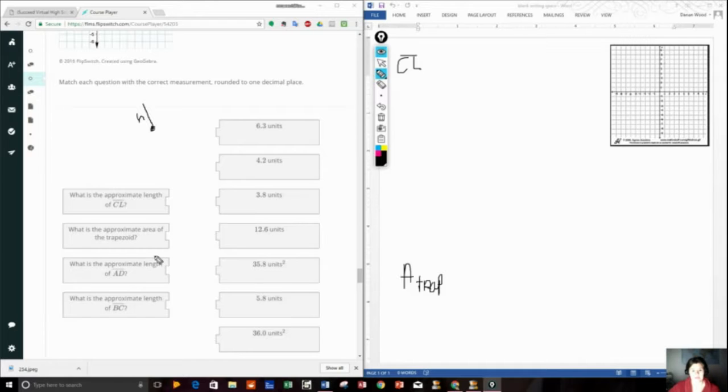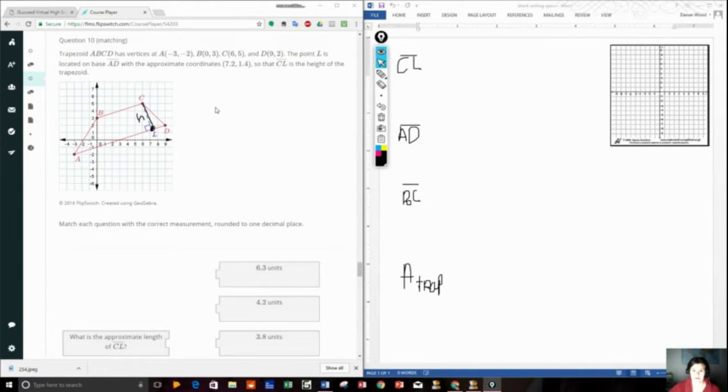And then what is the approximate length of AD? Okay, so we need to know AD and we need to know BC. Okay, here we go. And I believe all of these are the steps, the information we need for our area.